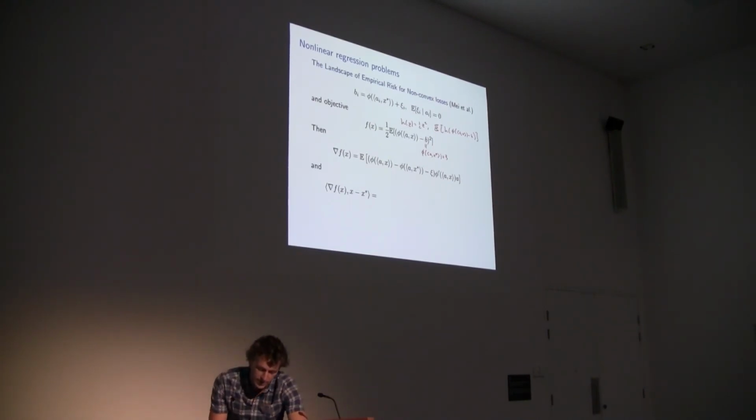If I just do this, let's plug things in. I'm going to get the expectation of the quantity phi of a comma x minus phi of a comma x star minus the noise, times phi prime of ax, times the inner product of a and x minus x star.